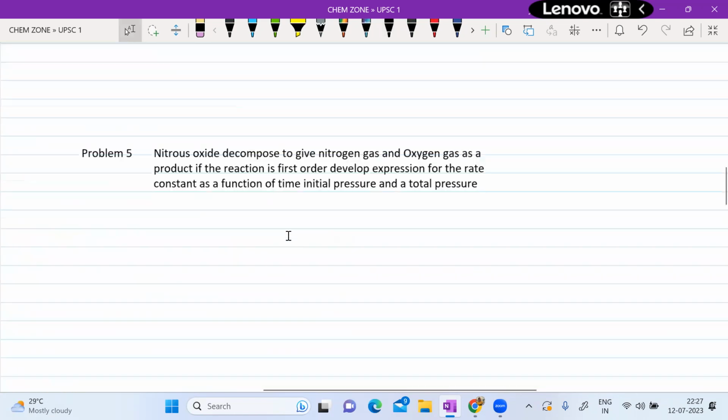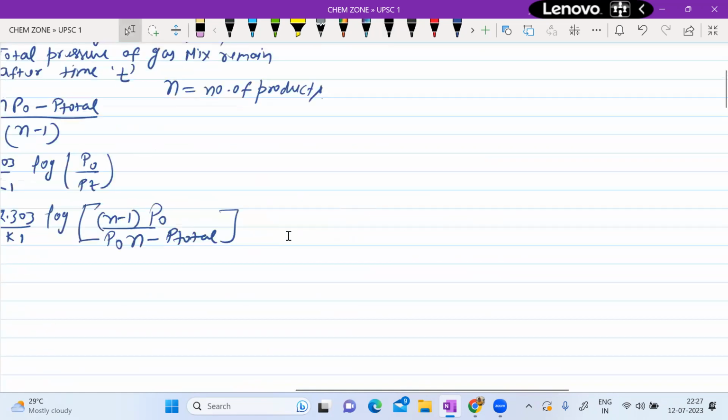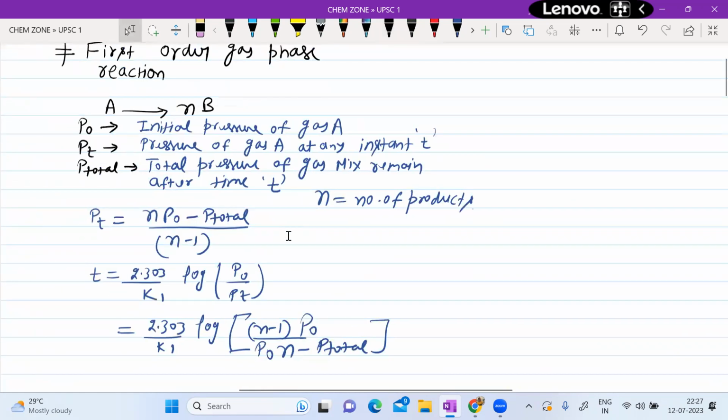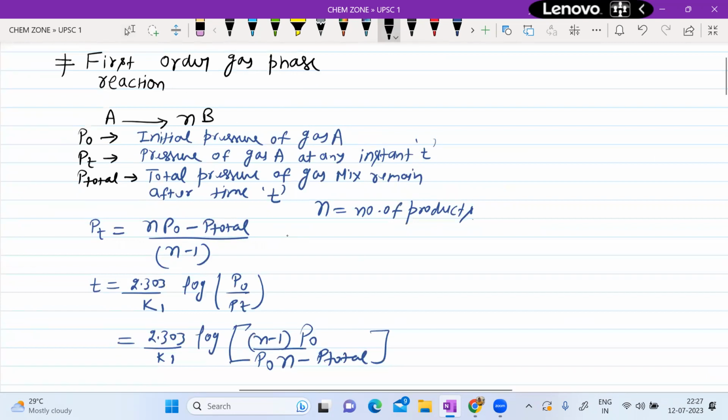Now there's one more case. First order gas phase reaction. If the reactants are in the gaseous phase, here P naught is the initial pressure of gas A taken in the container.